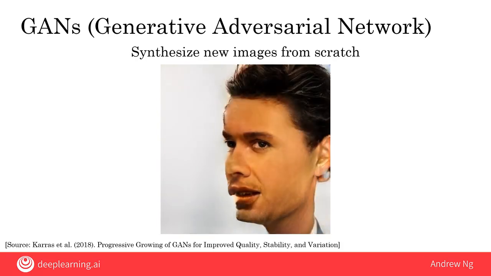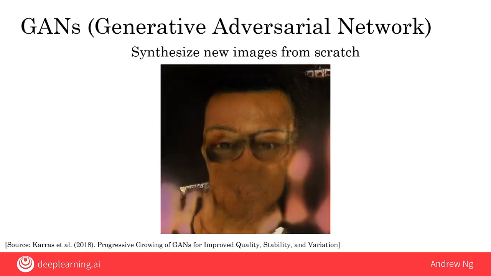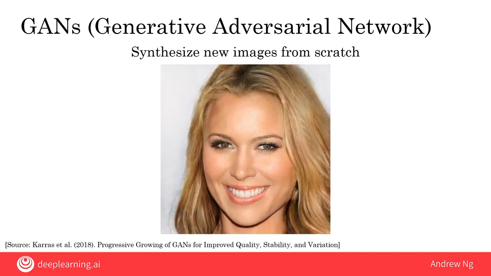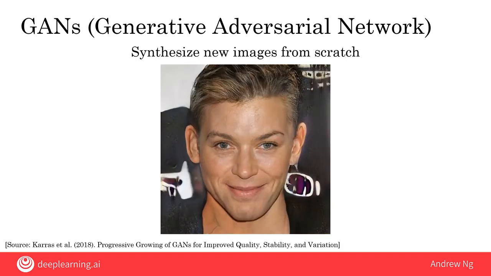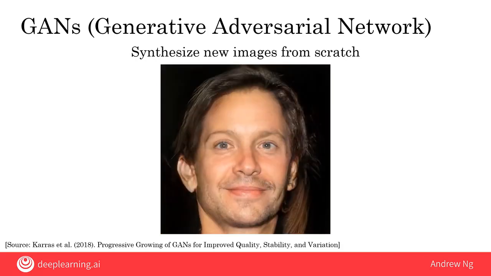But by learning what celebrities look like from a database of celebrity images, it is able to synthesize all these brand new pictures. There's exciting work by different teams right now on applying GANs to the entertainment industry, everything ranging from computer graphics to computer games to media, and to just making up new content like this from scratch.